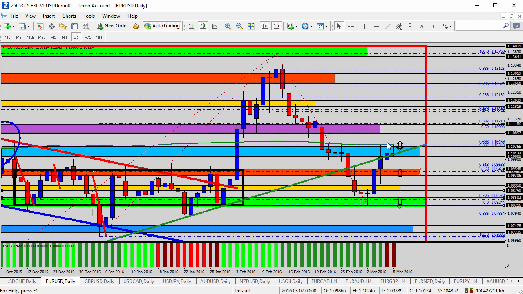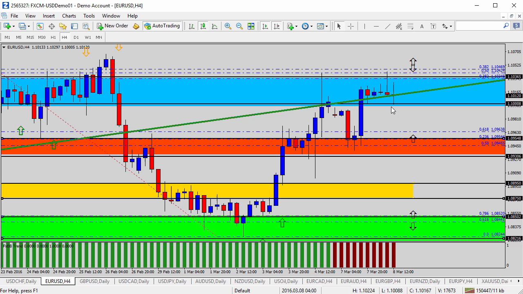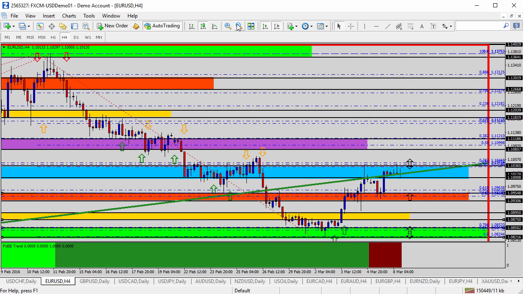So two important areas, I think. The blue zone and the green zone will be important support and resistance. I don't think you want to buy it right now unless we get the breakout above this blue shaded area. On the 4 hour time frame, you can see the market just kind of hesitating inside that blue shaded area over the past several hours. Again, I think the most important thing today will likely be the breakout of this blue zone. If it breaks above it, yes, of course, we'll look for the market to continue to pressure higher.